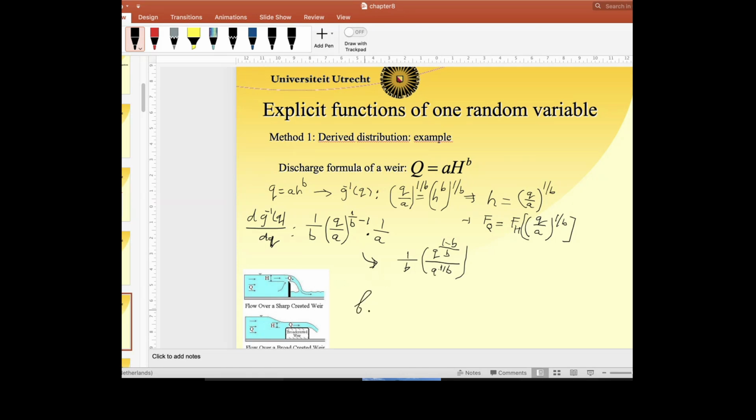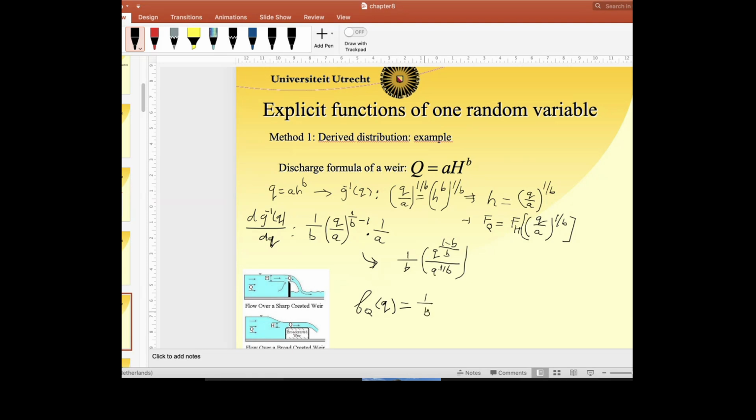So now we write the probability density function. That's the absolute value of the derivative of this one. This thing is strictly positive anyway, so we don't have to do anything about this, because A and B are positive.